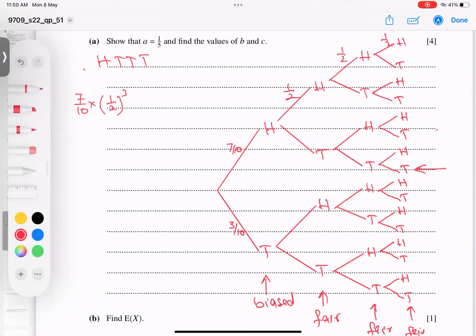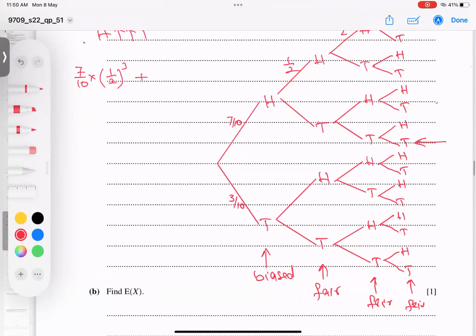This is coming only 1 time, but we have other options available, plus. See, 3 tails and 1 head. What about this branch? In this we have 3 tails and 1 head. What about this one, and the last one: 3 tails and 1 head. So 3 branches.